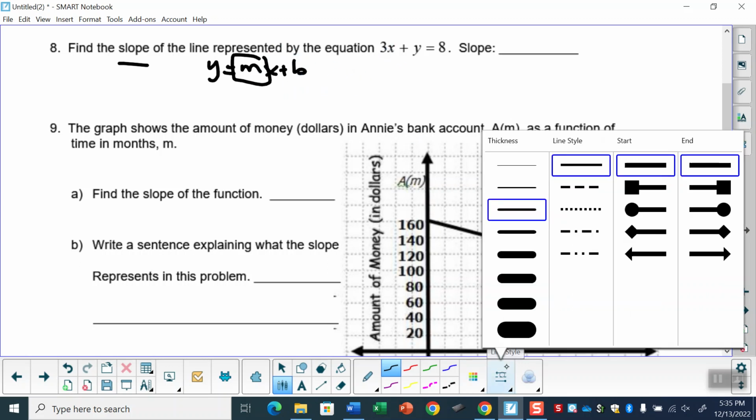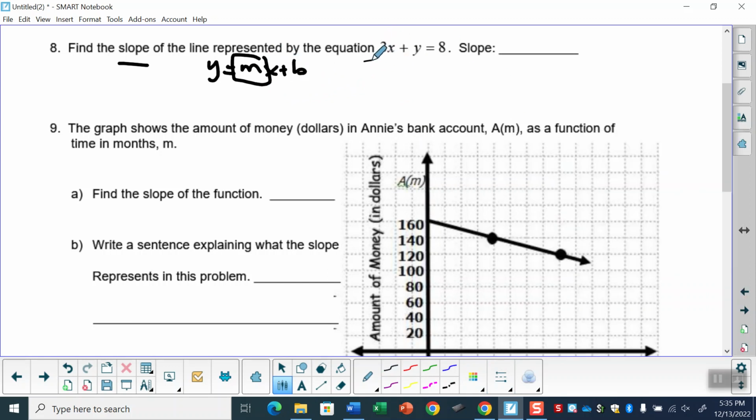So what I'm going to do is take this number over here and subtract it from both sides. So that goes away and I get y equals, I could say 8 minus 3x, or I could say minus 3x plus 8. And I'm only doing it that way so it looks like y equals mx plus b. And then right in front of the x, that is my slope, negative 3.